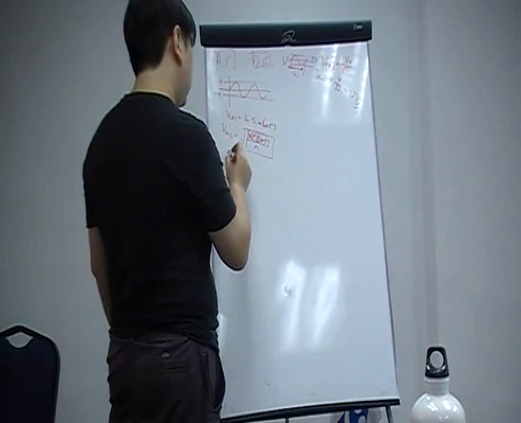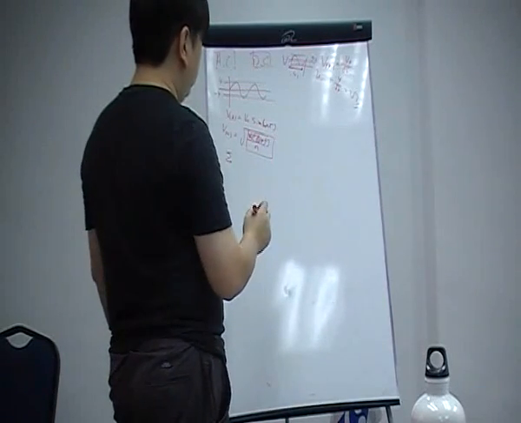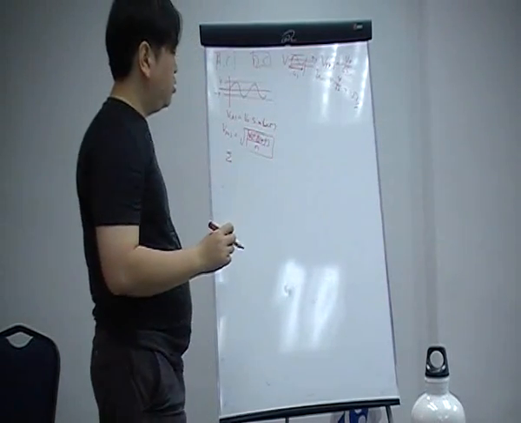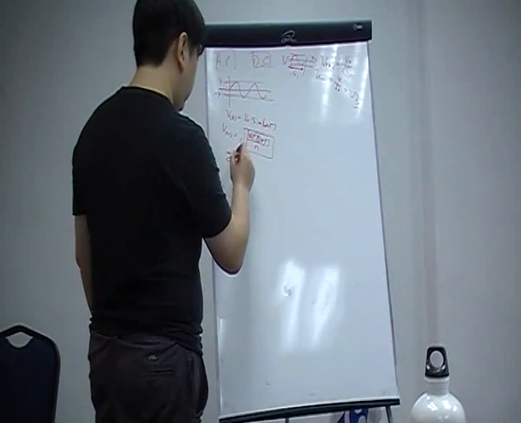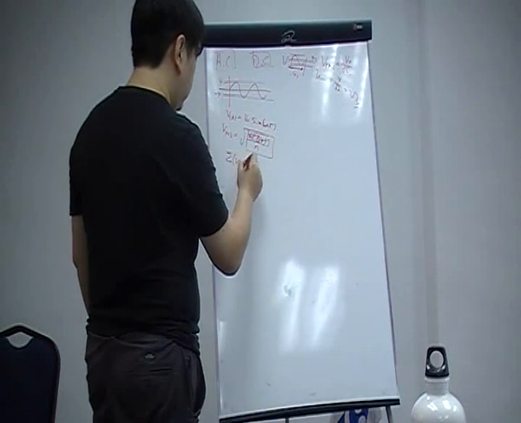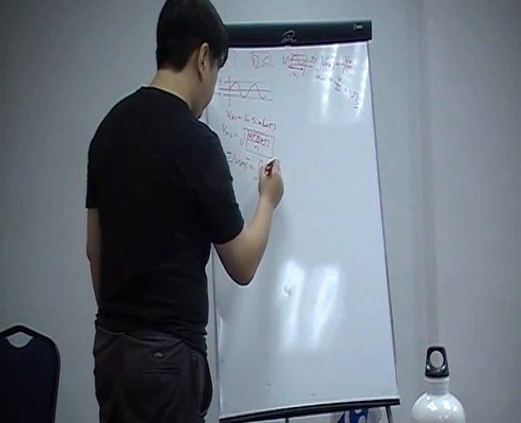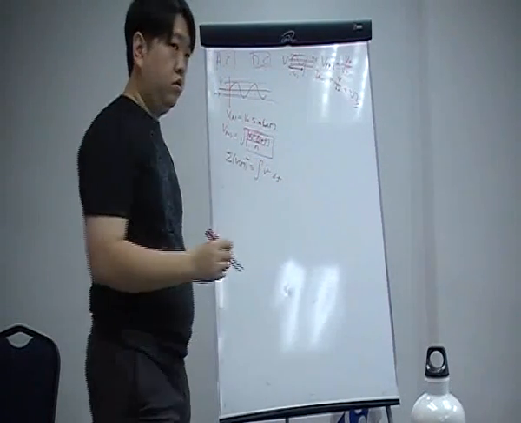Is sine squared omega t 1? No, sine squared omega t will not be 1. Anyway, this means the summation of v squared dt through a cycle.